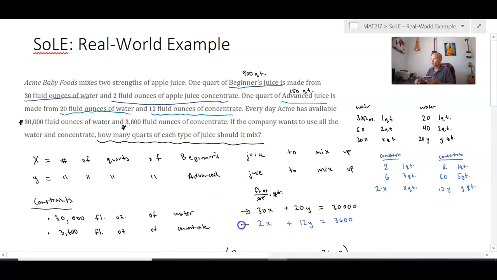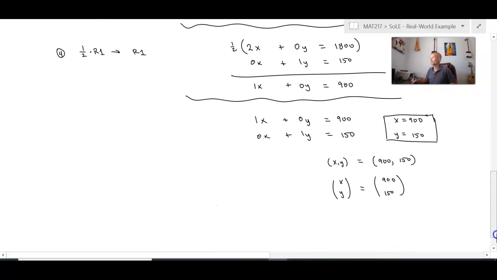In our second equation, we can check our work and say 2 times 900 plus 12 times 150, that gives us 3,600, which is exactly what we wanted. And now we know that we did not make a mistake anywhere in our work. And that completes the problem.